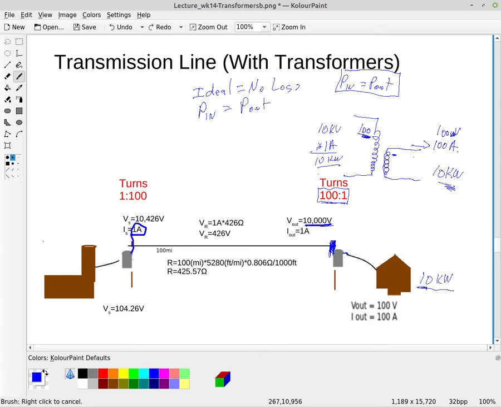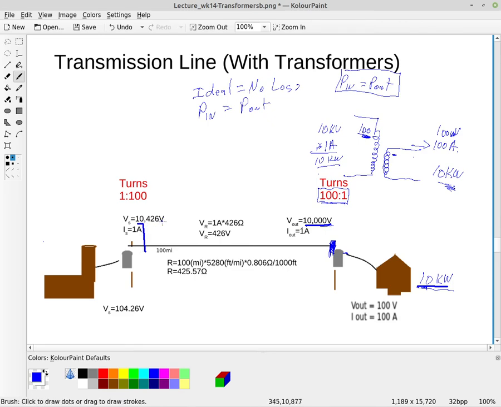It's got to be supplying 10,426 volts, because I have 10,000 volts on this side.